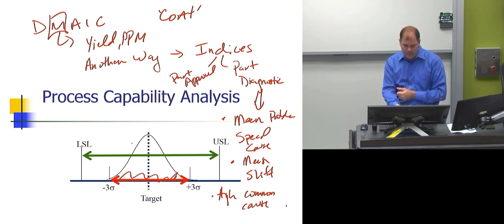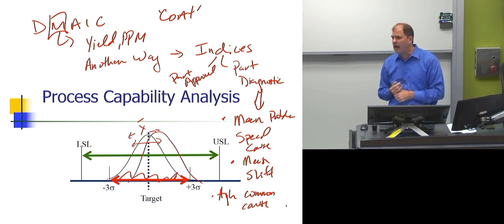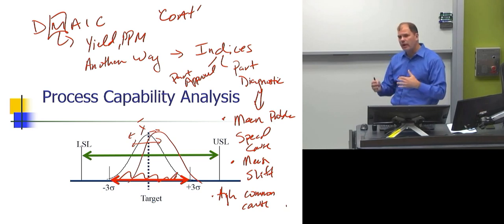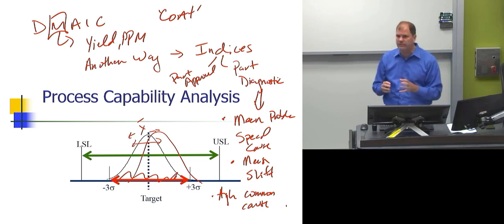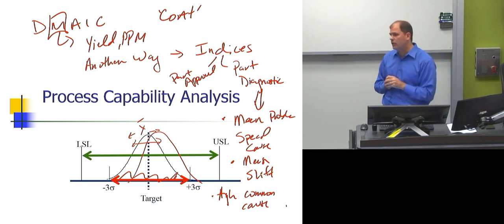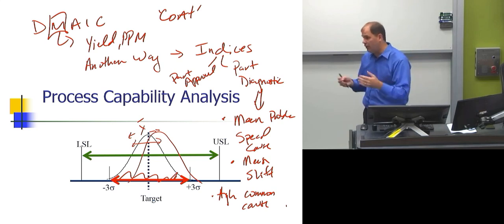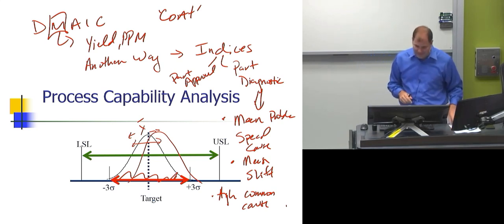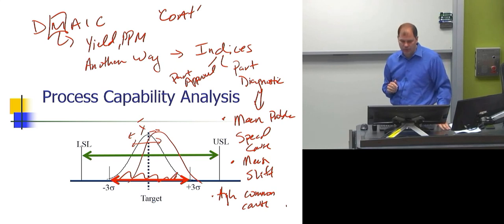Even if the mean drifted a little bit, so if I look at X bar and I moved a little bit, I'd probably still be fine on being in specification. I want to have a way to help me distinguish between how good I'm doing in terms of variation, also how good am I doing in terms of both mean and variation. And we're going to use capability indices to help us do that.